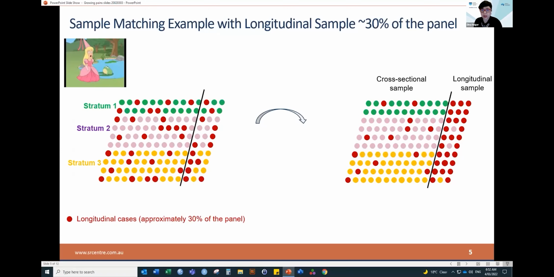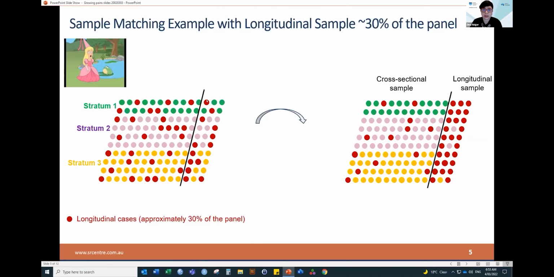So if you imagine you have two clients and one wants a sample of 30% of the panel and the other one will take the rest of the panel, our normal approach would be to select a stratified random sample within the panel, so both samples are representative of the population or balanced within the panel.